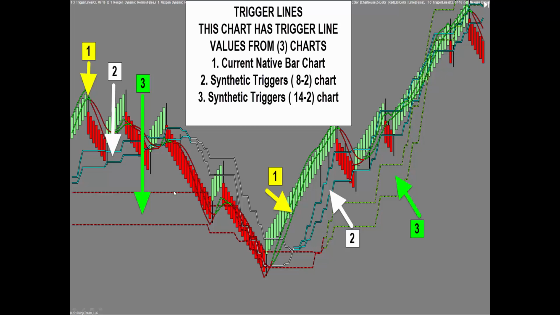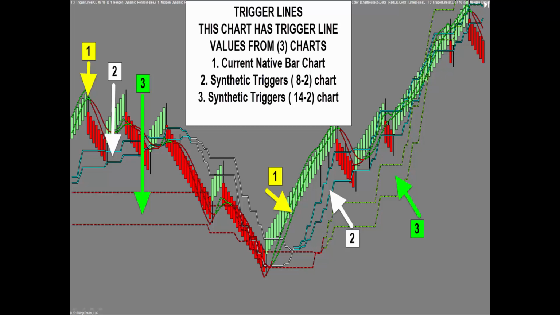And then we also have a 14-2 synthetic trigger superimposed. And you'll see, and we're going to go through a lot of examples of trigger line reading where we're able to read the multiple time frames of trigger lines. And then we're going to incorporate our Fibonacci areas to give you some very high probability trade setups.